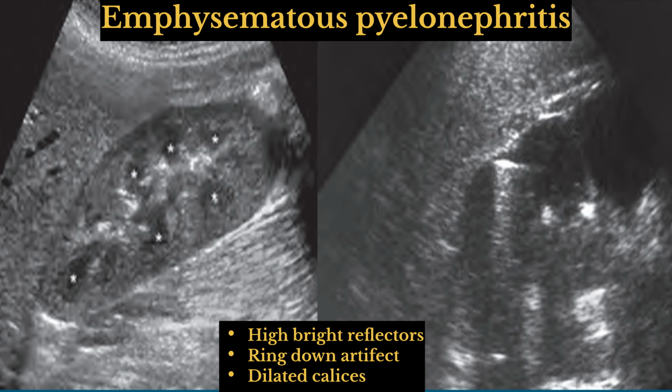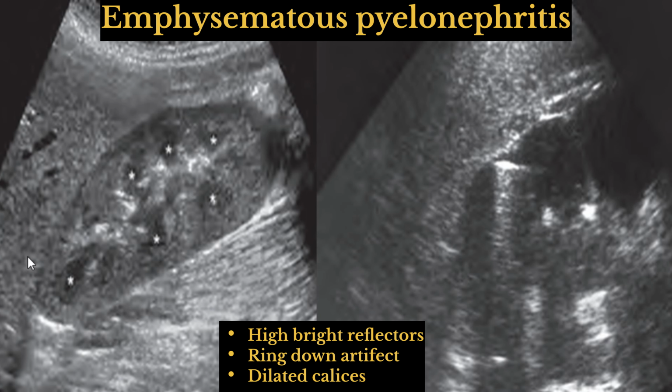The sonographic diagnosis of gas-forming infections depends on the detection of bright reflectors with dirty shadows or ring-down artifact, and it may be difficult to determine whether the gas is confined to the collecting system or involves the parenchyma. But CT is helpful for making this distinction.